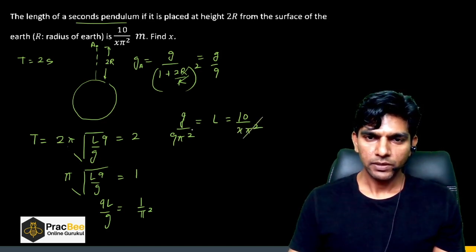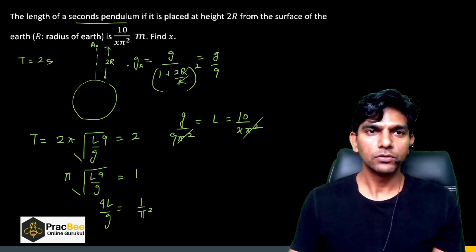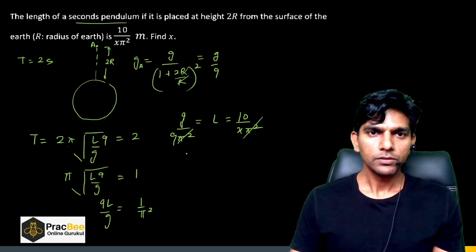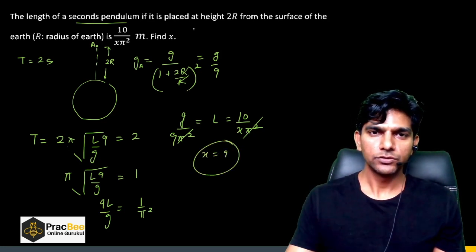Now this pi square will get cancelled out, and we have to find the value of x. If I take g as 10, then x will be 9, right? So 9 should be the answer of this question.